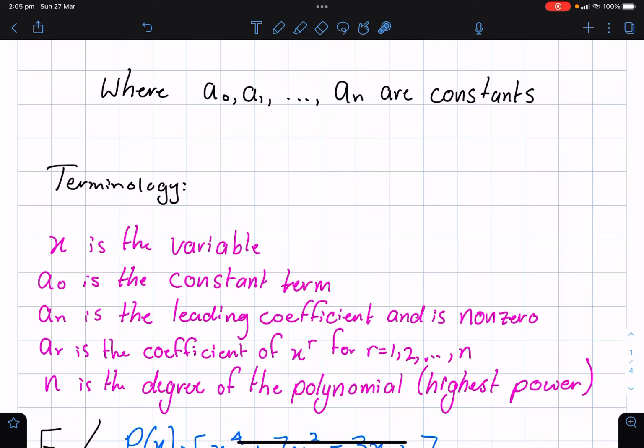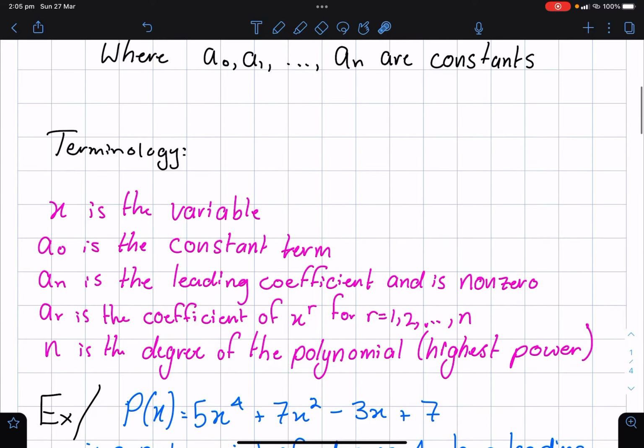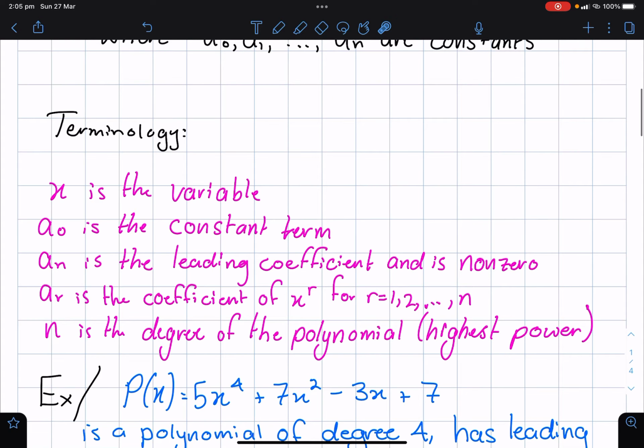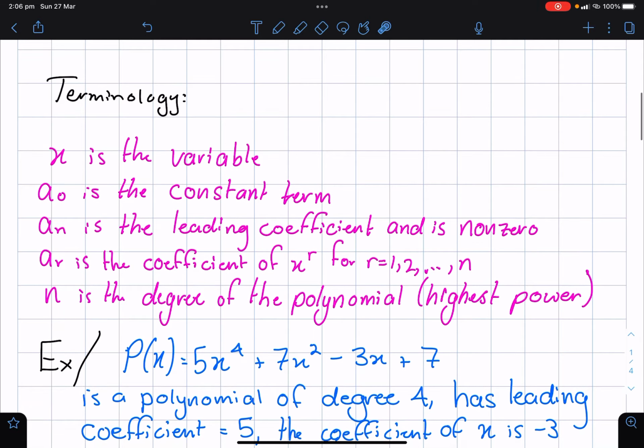All right, so I'm just going to do a quick example of how to actually classify polynomials, okay? So we've got our polynomial here, p of x equals 5x to the power 4, plus 7x squared, take 3x plus 7. So this polynomial has degree 4, because our highest power is 4, okay, our largest n. It has a leading coefficient of 5, so that's the coefficient that's attached to our x term with the highest power.